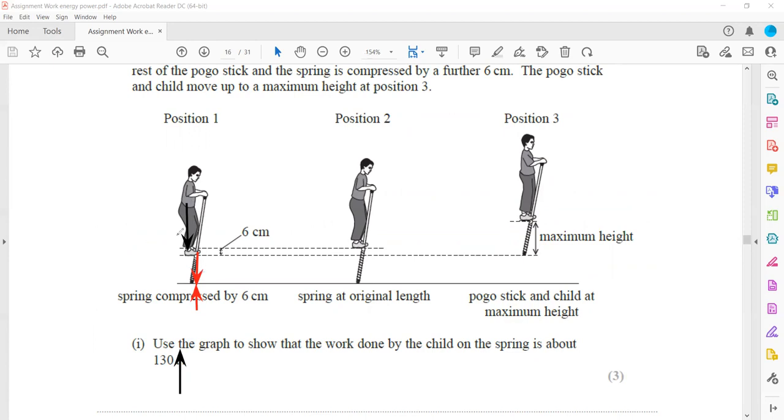Now, what happens as a child pushes downward? As a result, there will be a greater downward force, so there will be a greater upward force. And this upward force is more than the gravitational pull of the earth. As a result, it will create an upward acceleration, or the boy with the pogo stick will accelerate upward. So the pogo stick is pushing down on the ground, so the ground is exerting an upward force on the pogo stick.